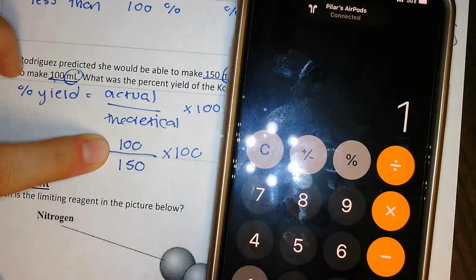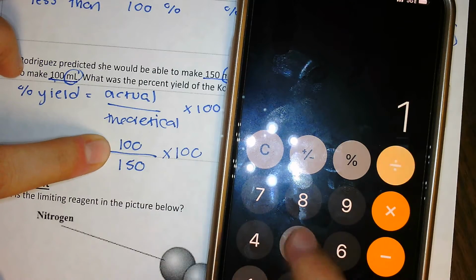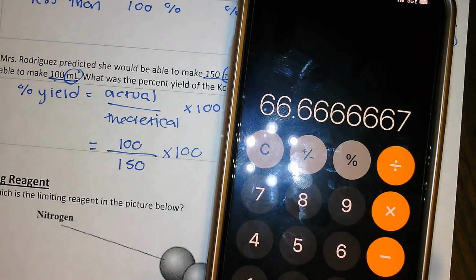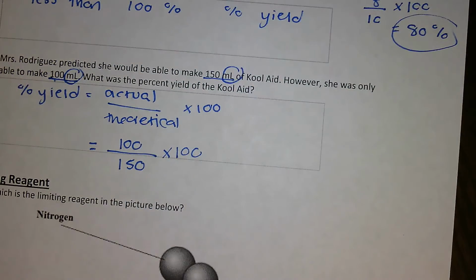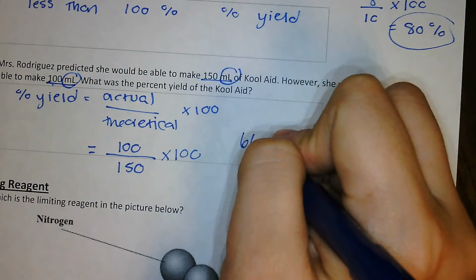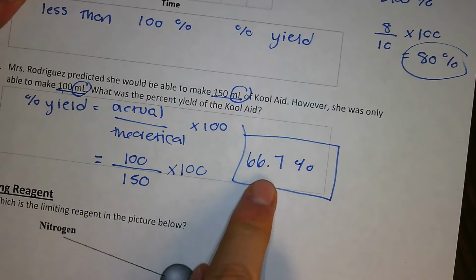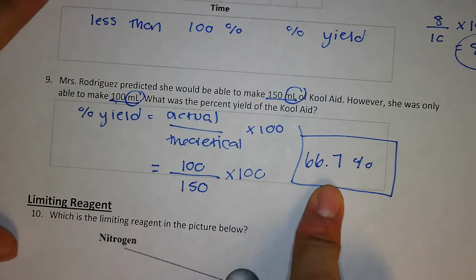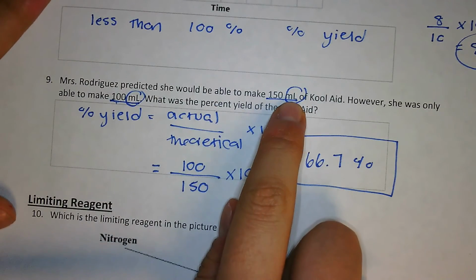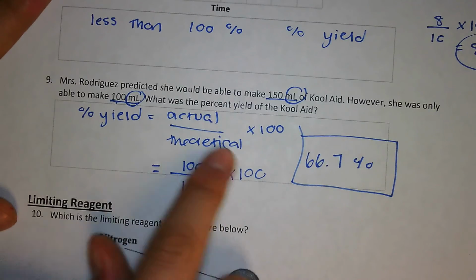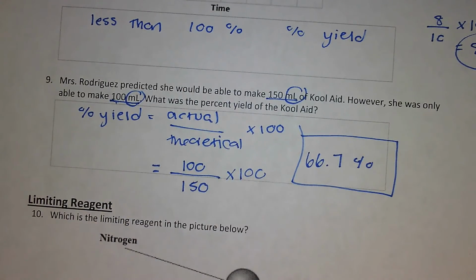So 100 divided by 150 times 100 is equal to about 66.7%. So my percent yield in making Kool-Aid is 66.7%. Again, I thought I was able to make this much. I only produced this much. My percent yield is this, based on just a simple fraction. And that is all for percent yield.